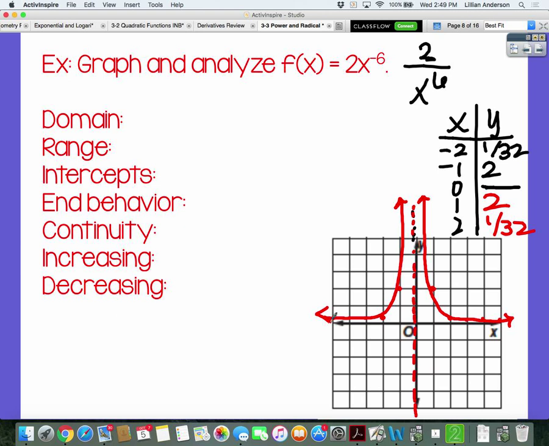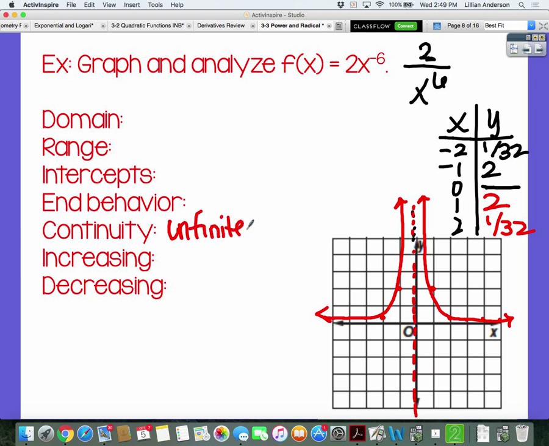You guys want to analyze together? All right. Domain. Well, let's start with something else. It's not continuous, is it? No. It has what type of discontinuity? Infinite.